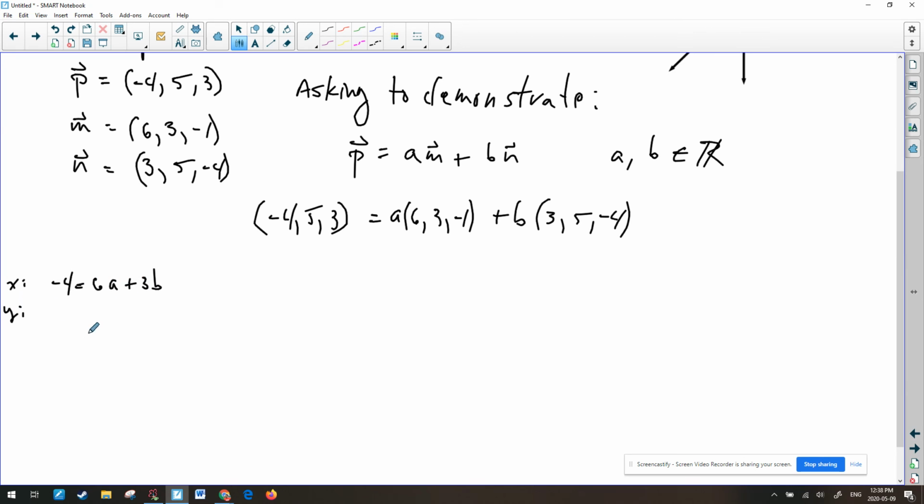The y's generate the equation 5 is equal to 3a plus 5b. And the z's generate the equation 3 is equal to -a minus 4b. So I got three equations here, and there's only two unknowns.